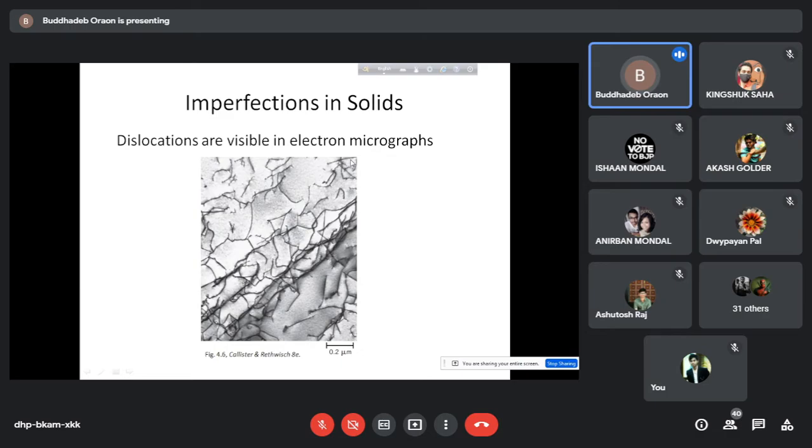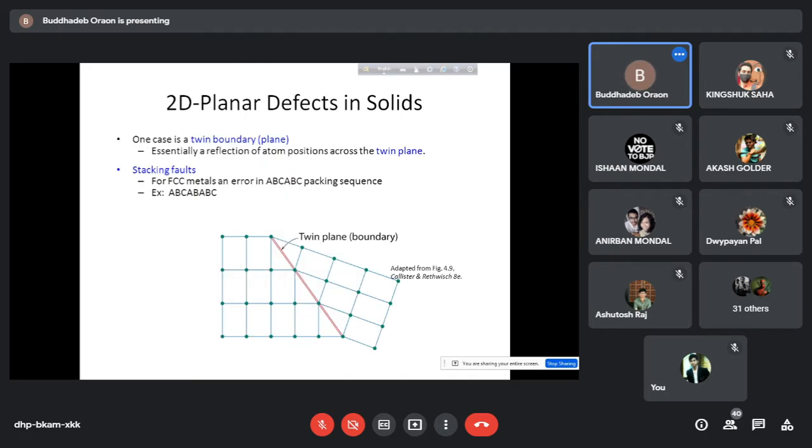So dislocations are visible in electron micrographs. Here some other diagrams have been given. You can see this region where the deformation has taken place. This is the region of dislocations where the slip planes have actually occurred and atoms have moved. So in the high magnification microscopes, you can actually see the defects, line defects.